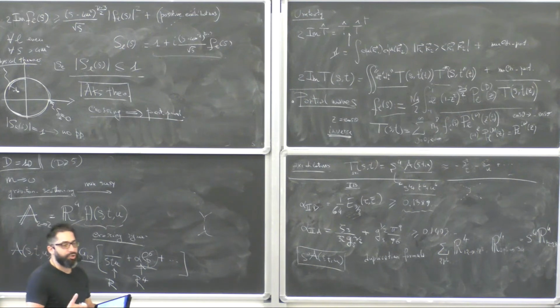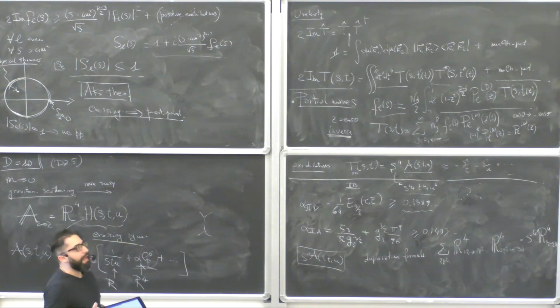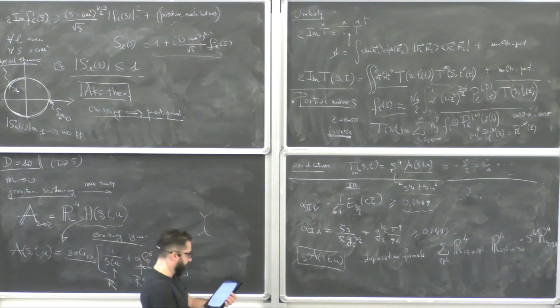But this function is UV completed. The theory is not normalizable, but that's from the Lagrangian point of view. So I'm assuming there is a UV completion, and that this UV completion has this expansion. Exactly, thanks for the question.